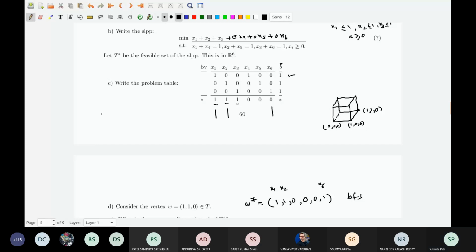So we'll have BV, X1, X2, X3, X4, X5, X6, and B bar.